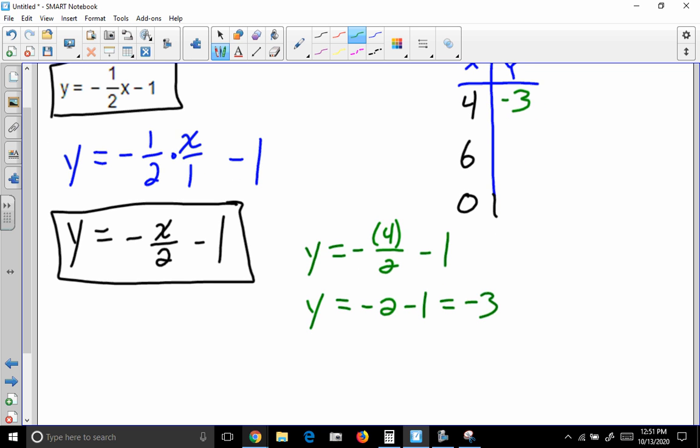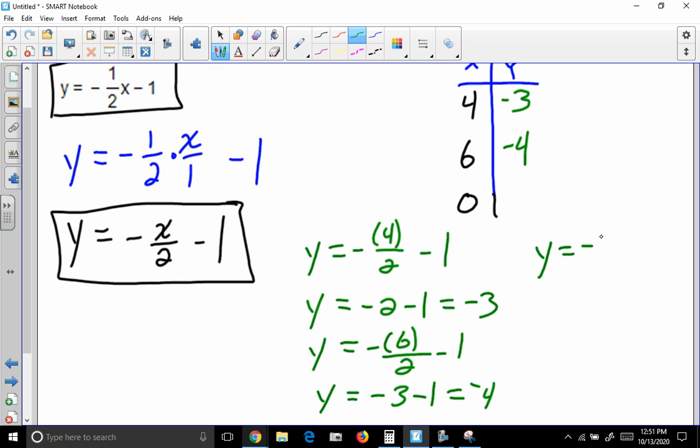Now if we take that same equation and replace x with 6, then y is minus 6 divided by 2, which is 3, and 3 minus 1. Remember, if the signs are the same, we add the numbers, take the sign of the bigger. So we would get minus 4.